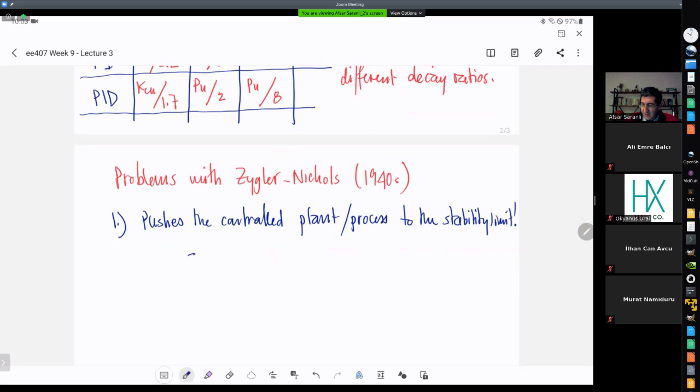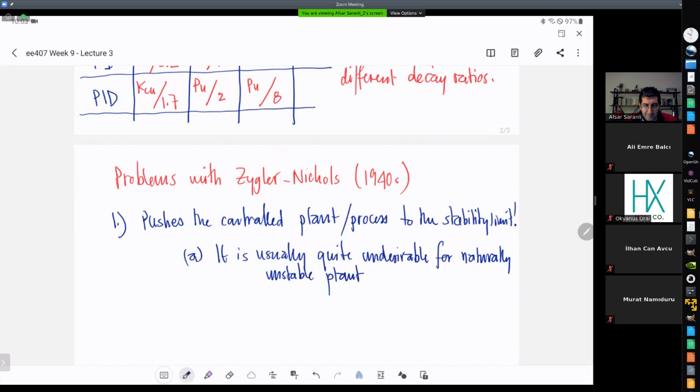Okay, so this is usually quite undesirable for naturally unstable plants. It may be difficult to come back from instability. Theoretically, this unstable system may be very slow.